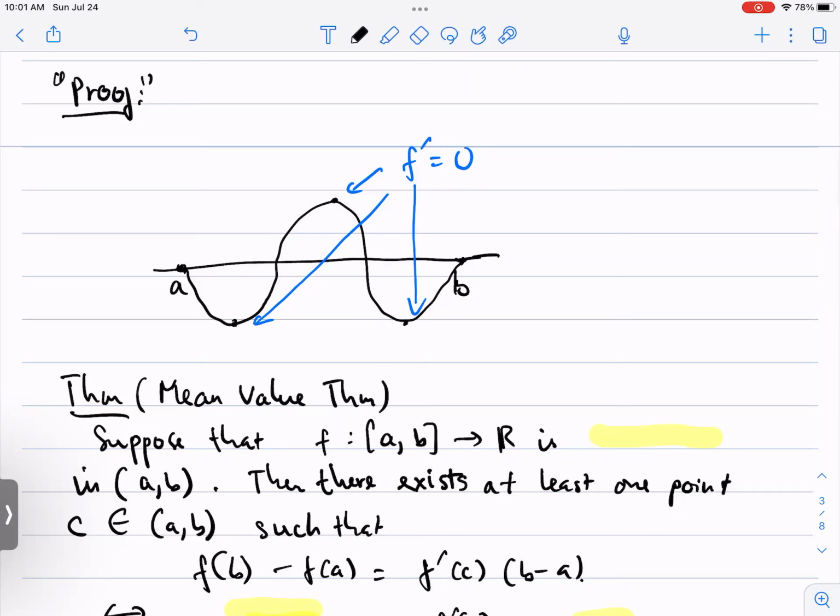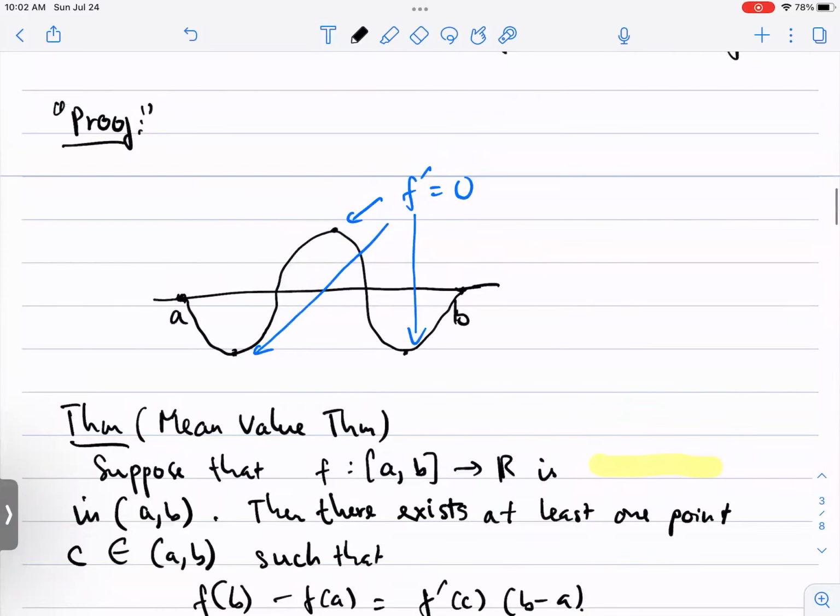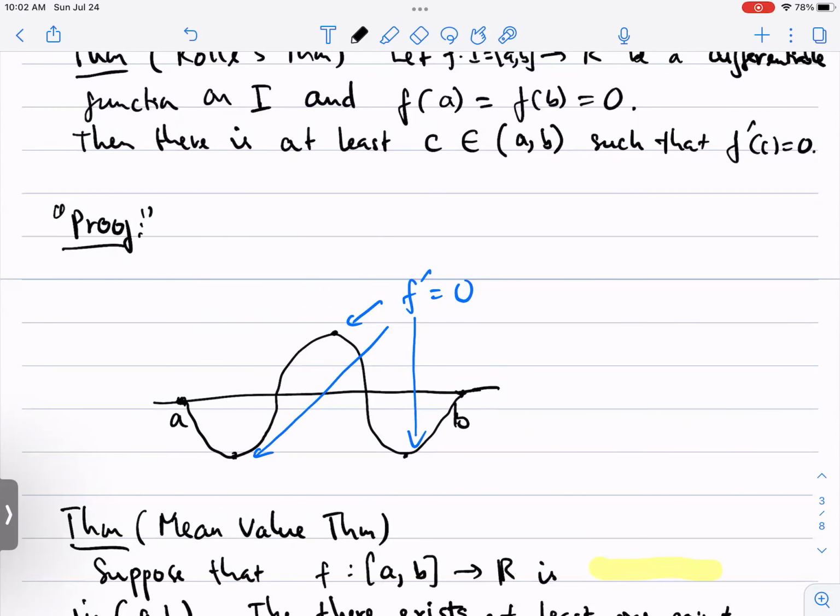That is, there must be some point where the function changes from increasing to decreasing or from decreasing to increasing. These points correspond to local extrema of the function. As a consequence, because the function is differentiable, the derivative of the function at these points must be equal to 0.